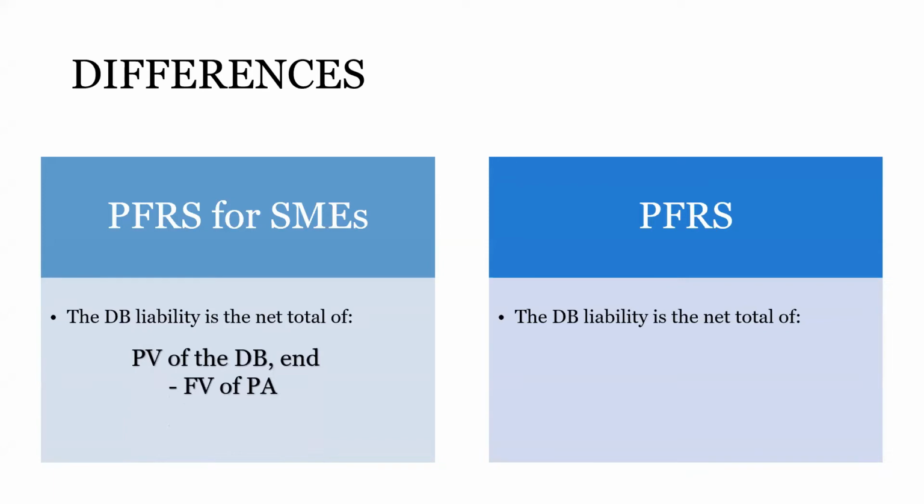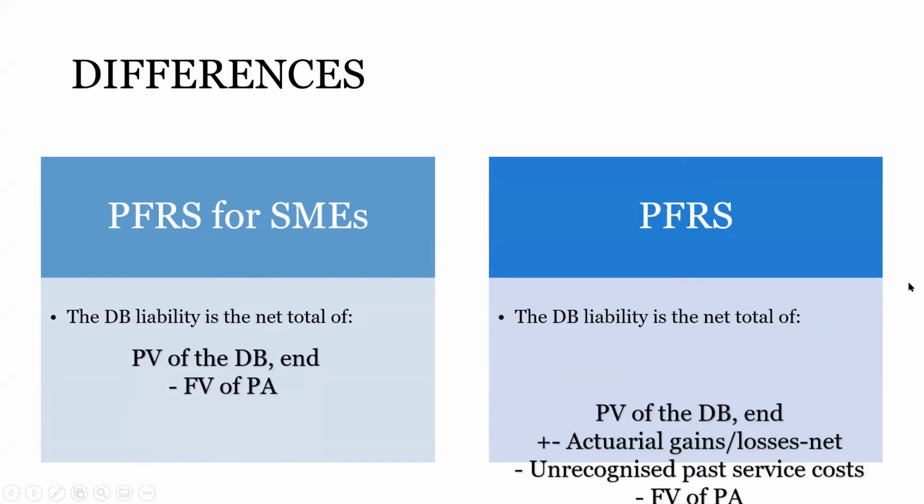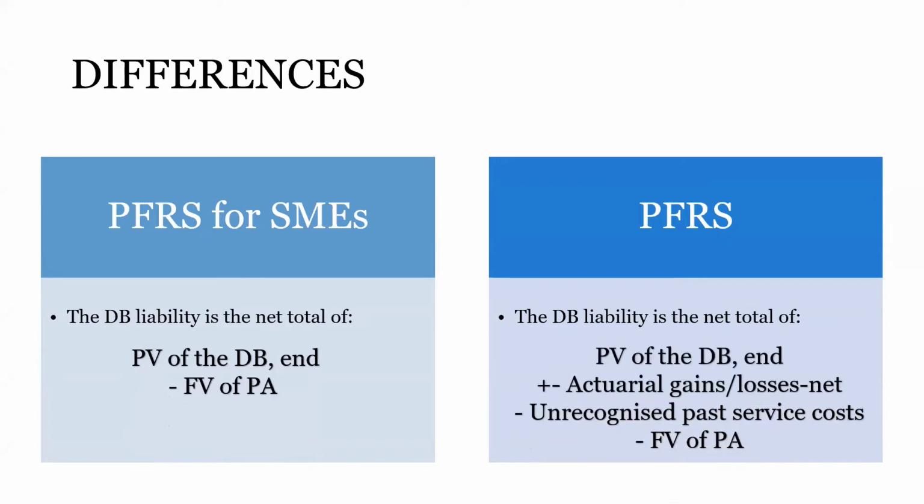While for full PFRS naman, the defined benefit liability is the net total of the present value ng defined benefit obligation plus minus yung actuarial gains or losses less yung unrecognized past service cost less yung fair value ng plan assets. So, yun lang naman yung difference nila. Kasi for SME, wala silang mga actuarial gains or losses and wala silang mga recognized na past service cost.